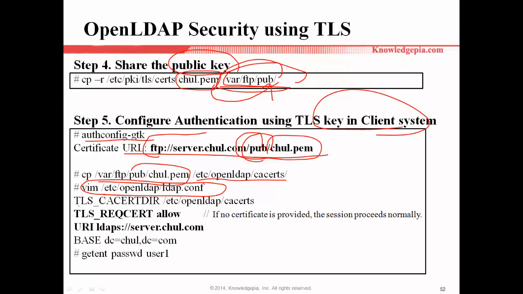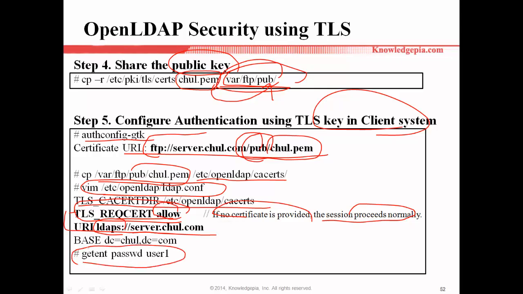Here, we need to change two lines: TLS_REQCERT allow, and then LDAP URI ldaps://server.char.com like this. Here, TLS_REQCERT allow means if no certificate is provided, then the session proceeds as normal. And after that, please check this user.